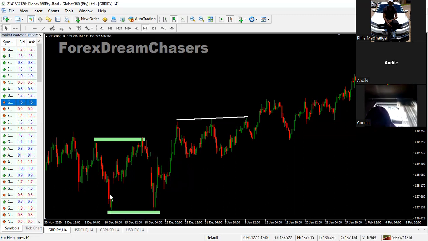So for instance, like this one, you want to trade it. How are you going to trade it? You wait for the price to get here. You put your buy limit here. You put your stop loss below. Eventually, when the price gets here, it will turn.